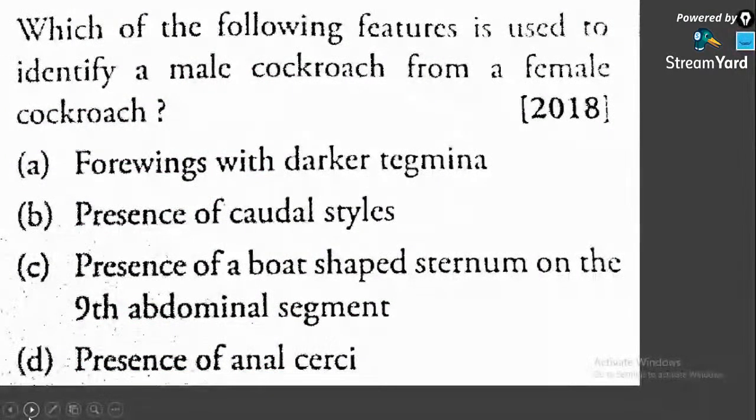Yes, I want the answers very fast from you guys. Start commenting the answer for this question. Read carefully and answer me. Which one of the following features is used to identify a male cockroach from a female cockroach?